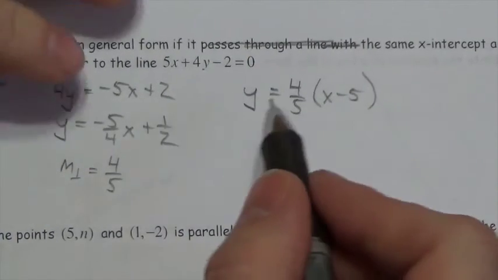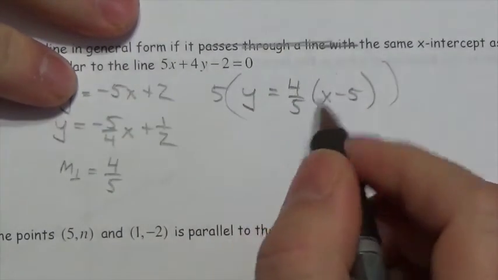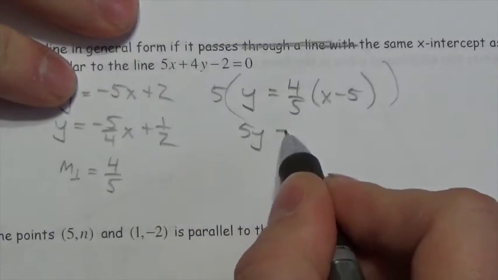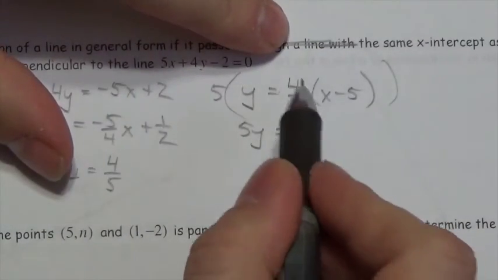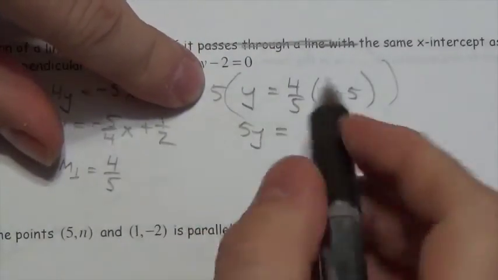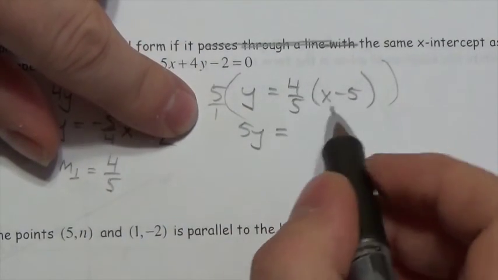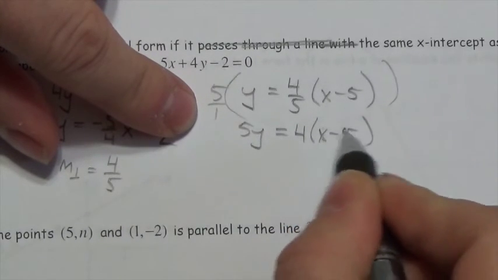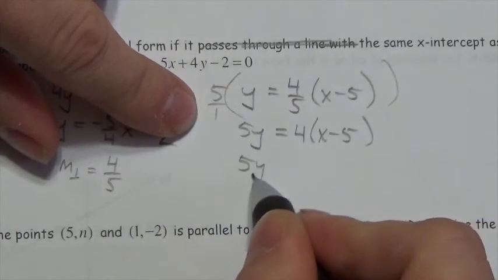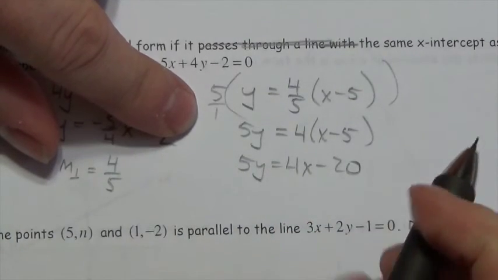But truth be told, I can do that right now. There is only the one denominator, so I can multiply by 5 to make this 5y equals. Before I even distribute that through, I will multiply this coefficient by 5. This is 5 over 1, so this becomes 20 over 5, or 4 times x minus 5, and now I'll distribute that through. So 5y is equal to 4x minus 20.